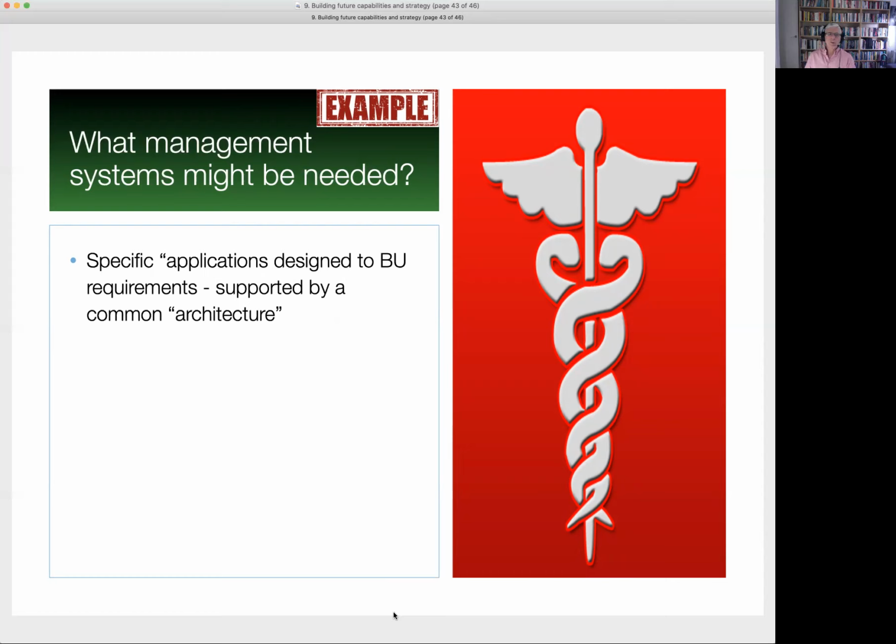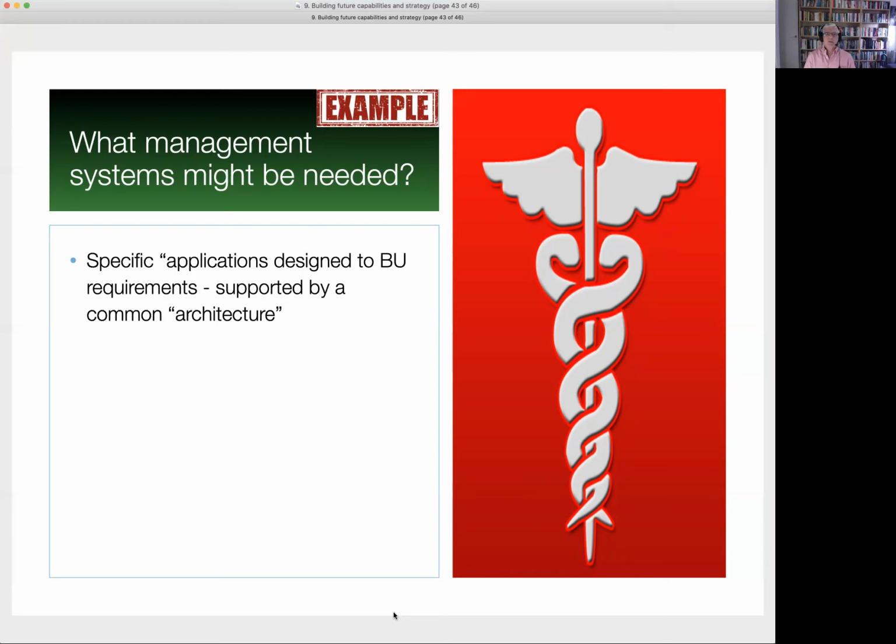So we'll have a common architecture, a common enterprise system across the business. But we are going to allow each business unit to have specific applications, specific apps, if you like, that meet their needs. So we weren't going to have a one-size-fits-all, which didn't really do a good job for any of them, except, of course, in things like payroll and leave records, which is fairly standard.